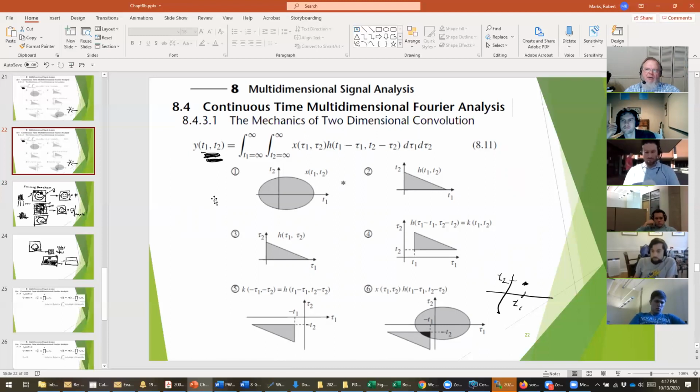Of course, as an undergraduate, they have you do a bunch of flip and shifts, and you get really good at convolution. And then somebody comes and tells you, "Hey, you don't have to flip and shift. You just take the Fourier transform of the two, and you inverse Fourier transform, and boom, there's the convolution." And so often, it's easier to do the Fourier transforms, and then invert the Fourier transform as opposed to doing the literal flip and shift. Okay.